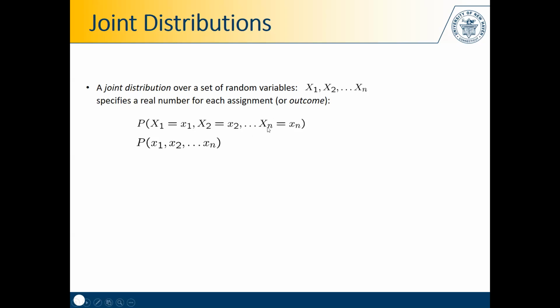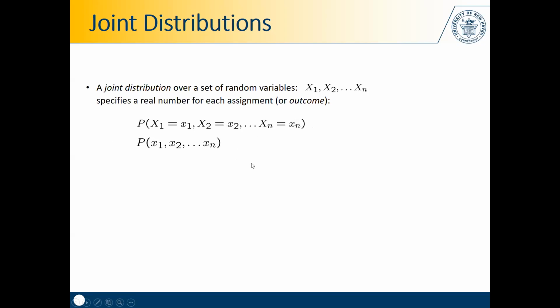Remember, the capital letters represent random variables, lowercase letters represent outcomes. We can also represent this with a shorthand notation. We can just get rid of the uppercase variables and represent it as such.